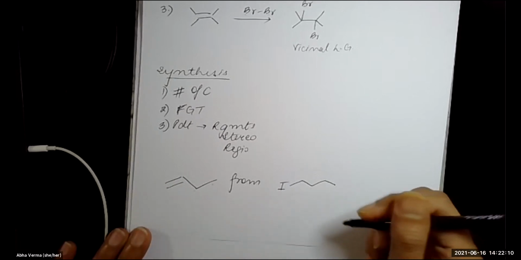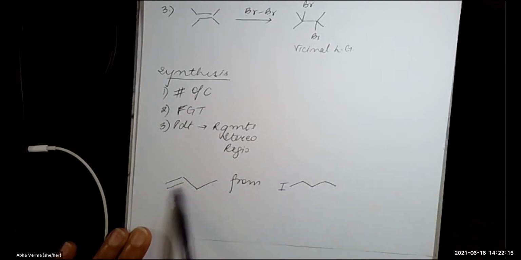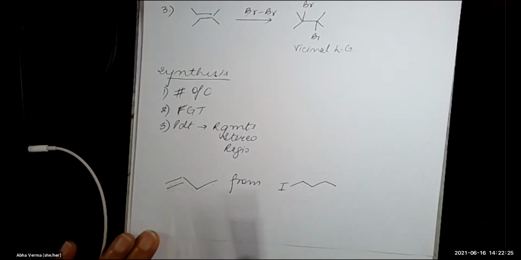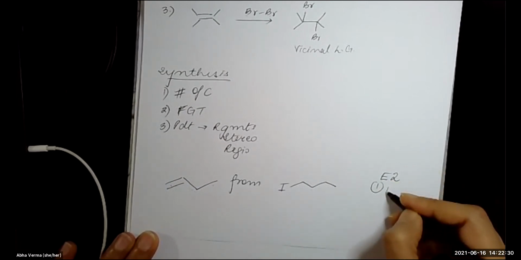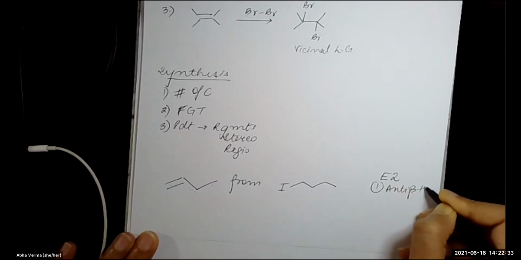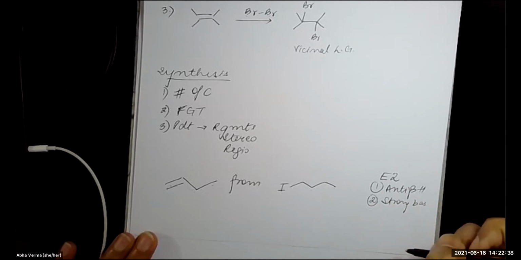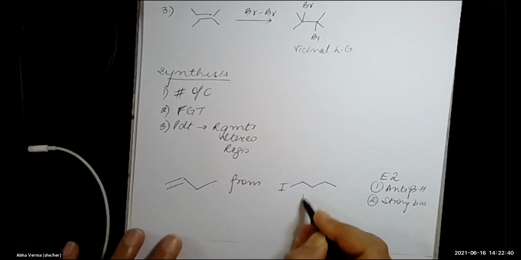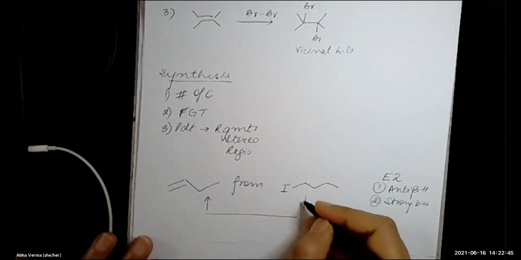What kind of elimination? This is a primary substrate. You should use a reagent in such a manner that you get a Hofmann product. This is not a substituted alkene. This is a less substituted alkene. So you do want to plan an E2, but E2 with an anti beta hydrogen and a strong base. So looking at it, what is it that you should use to get this product?